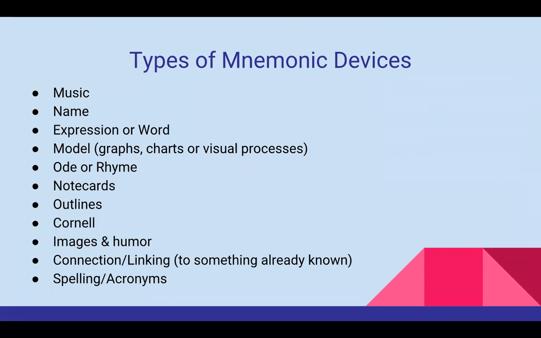Now, lastly, the textbook also talks about mnemonics, so be sure to read that in your textbook. But one key thing to remember about mnemonics is that it isn't part of deep processing. Deep processing is really understanding semantically.